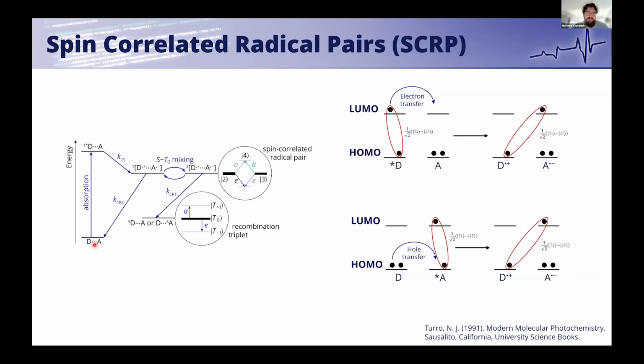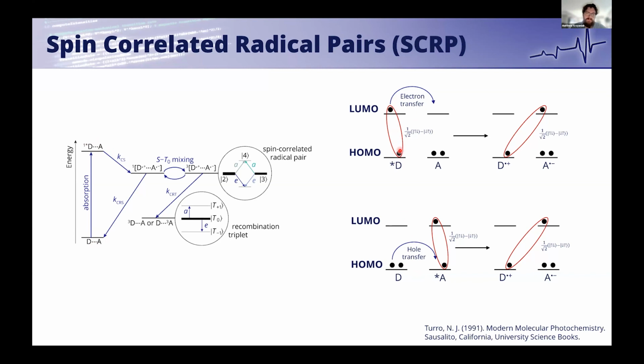So for a spin correlated radical pair, typically, you're exciting an electron donor acceptor molecule, and then you get a charge separation. And this can really happen through two different processes, either electron transfer or hole transfer. In this process, you're exciting an electron from one of the molecules up to some excited state.